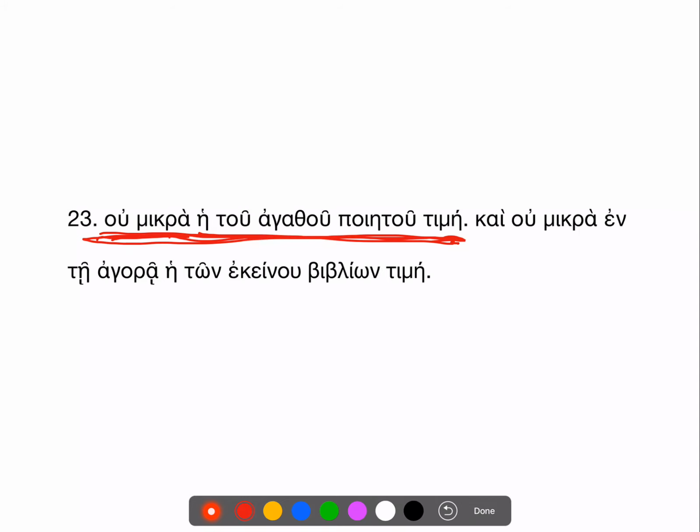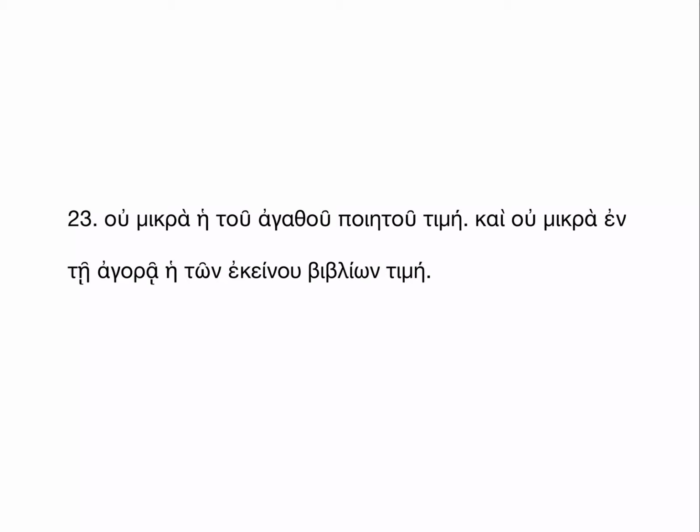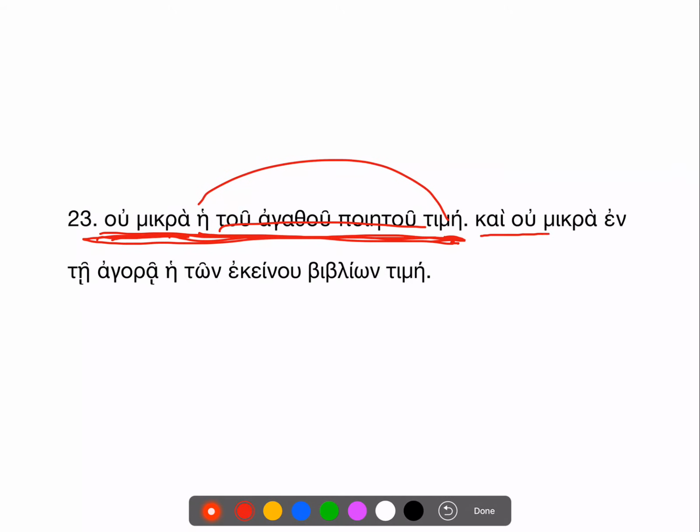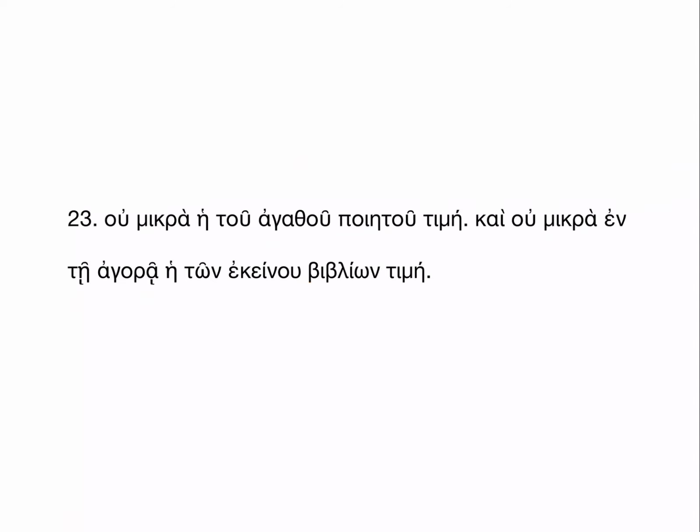Not small is the honor of the good poet. Kai mikra en tei agorai he ton ekeinou biblion time. And not small in the agora is the honor of the books of that guy. So not small is the honor of the good poet, and not small in the agora is the honor of that guy's books.